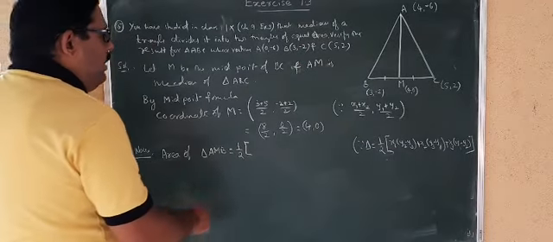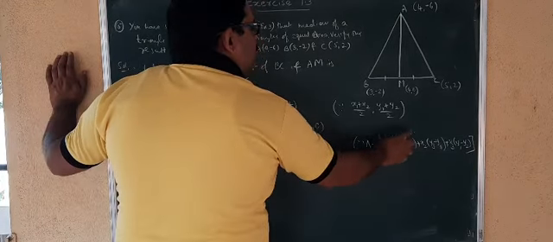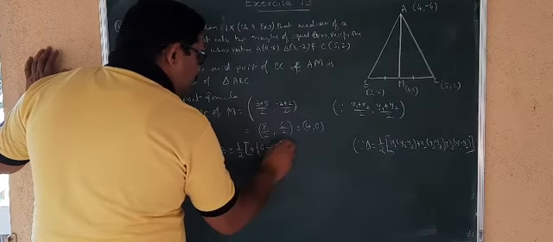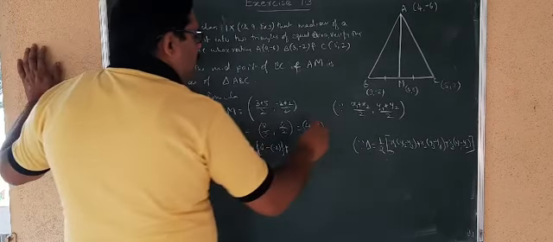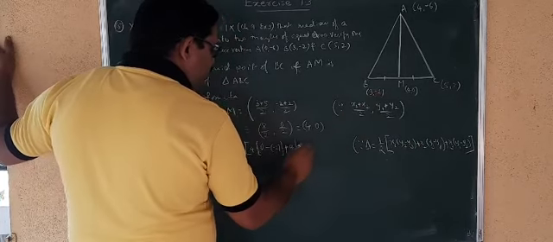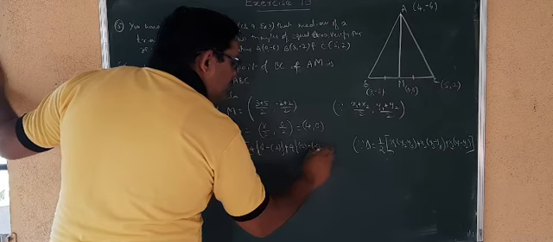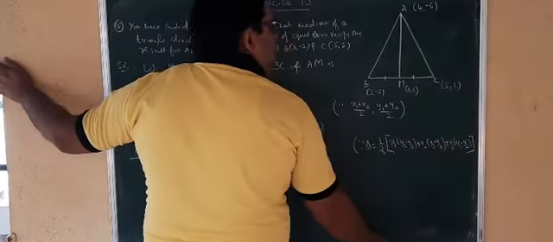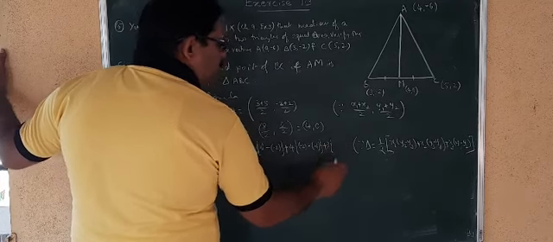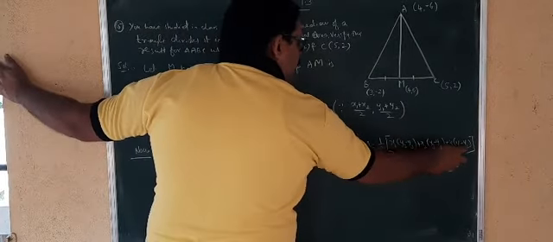So, x1 is 4 into y2 which is 0 minus y3, that is minus 2, plus x2 is 4 into y3 which is minus 2 minus y1 which is minus 6, plus x3 is 3 into y1 which is minus 6 minus y2 which is 0.